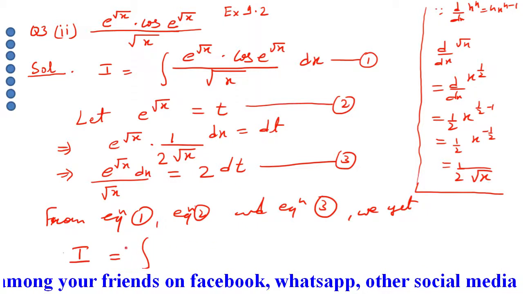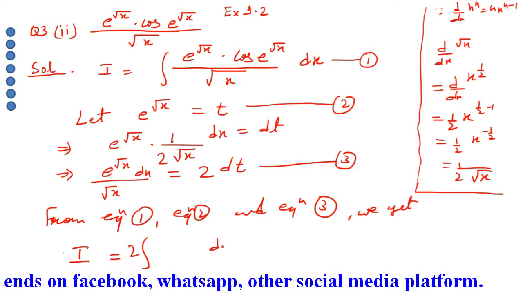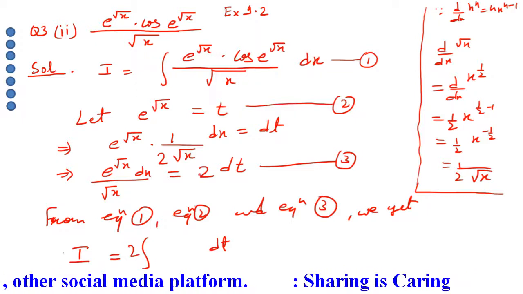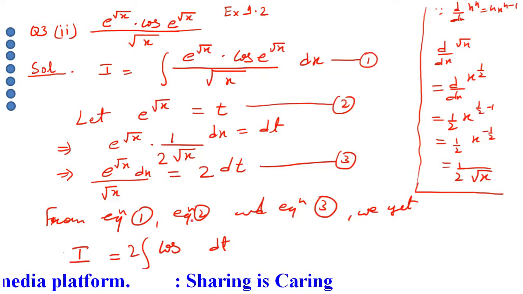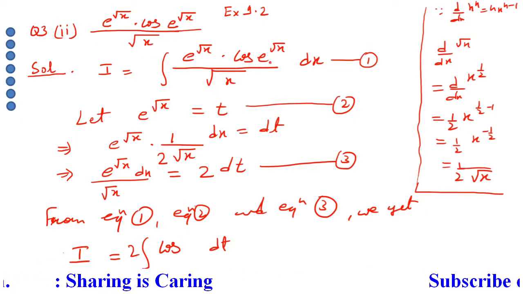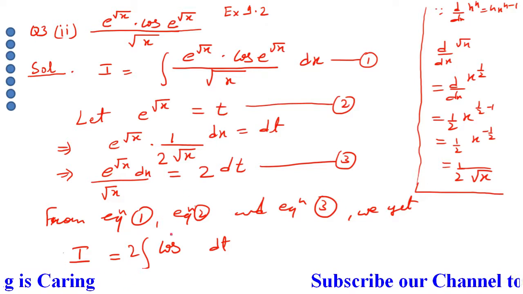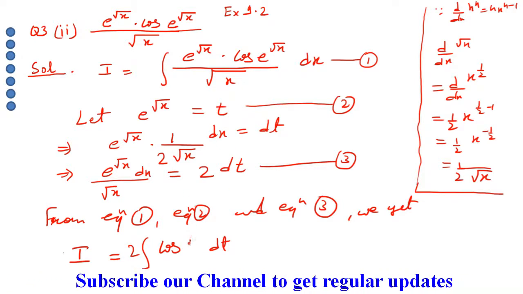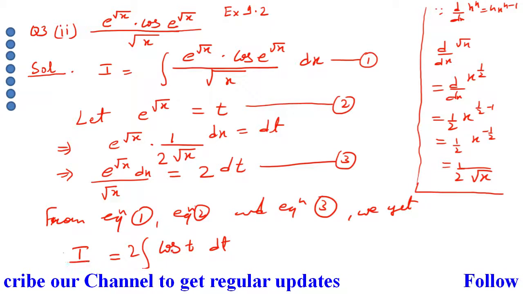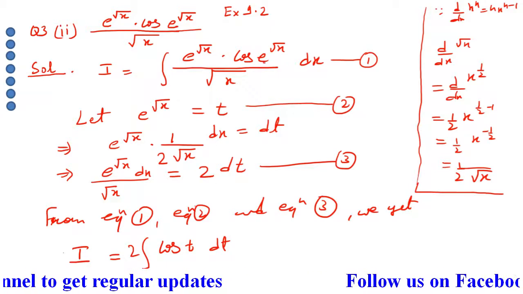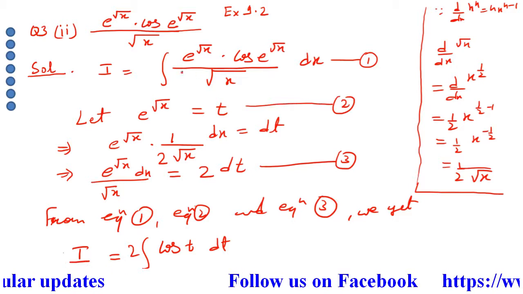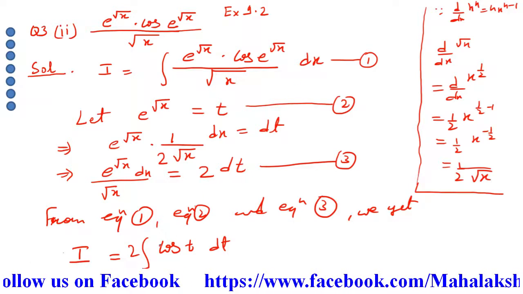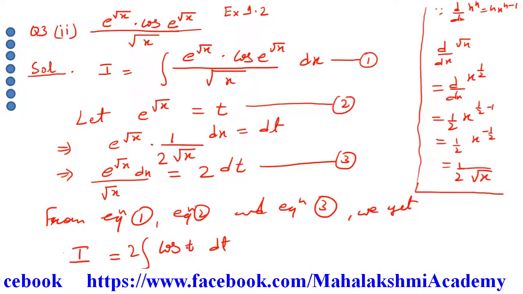That 2 I am going to write in front and dt at the back, and then cos. Now e to the power square root of x is t, so instead of this we are going to write down only t. I hope it's clear to you. This we replace by t, and these three we replace by 2 multiplied by dt.